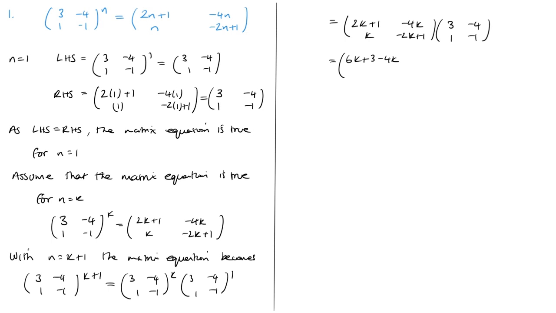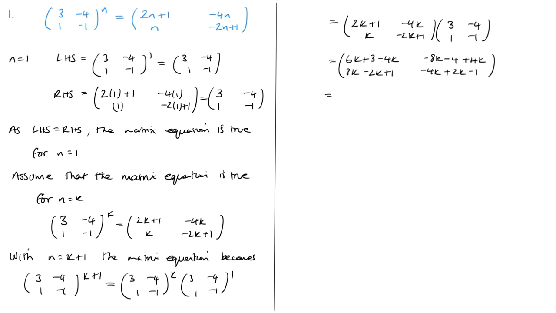So minus 4 times 2k plus 1, so we've got minus 8k minus 4. And then minus 4k times minus 1 is plus 4k. And then we've got 3k minus 2k plus 1, and we've got minus 4k plus 2k minus 1.